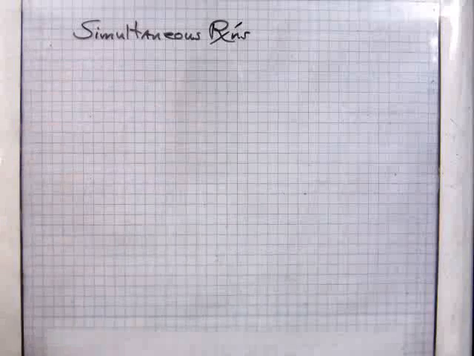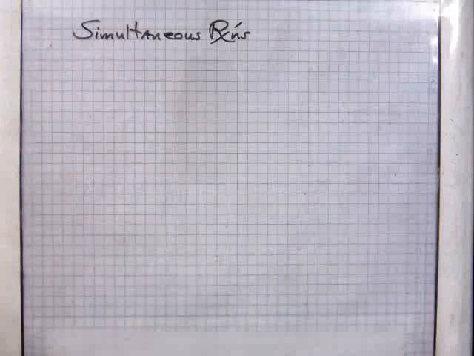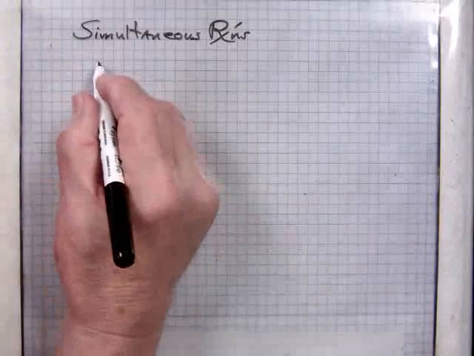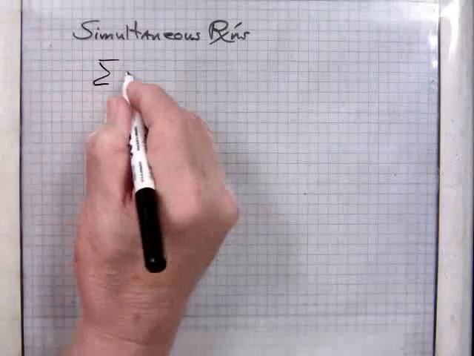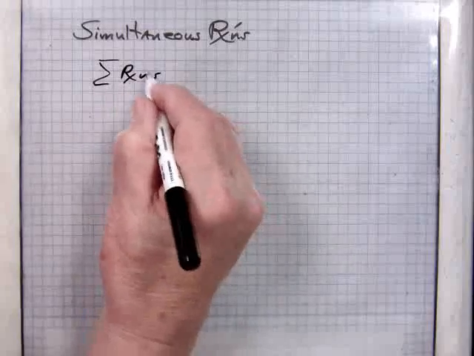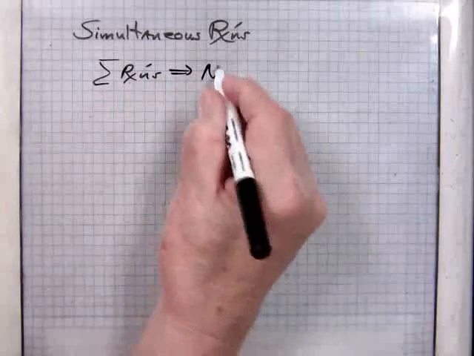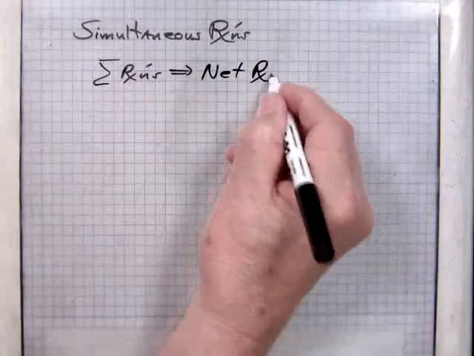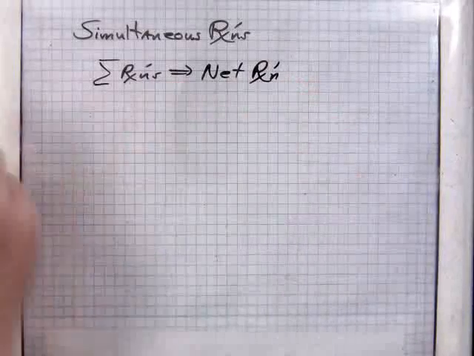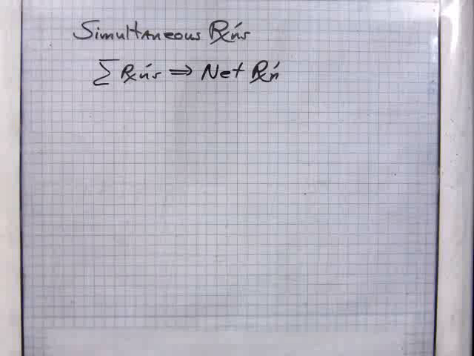And what we do is adding the simultaneous reactions together gives what is called a net reaction. Sum of reactions gives a net reaction. And it is the net reaction that we generate the equilibrium expression in and the equilibrium constant.